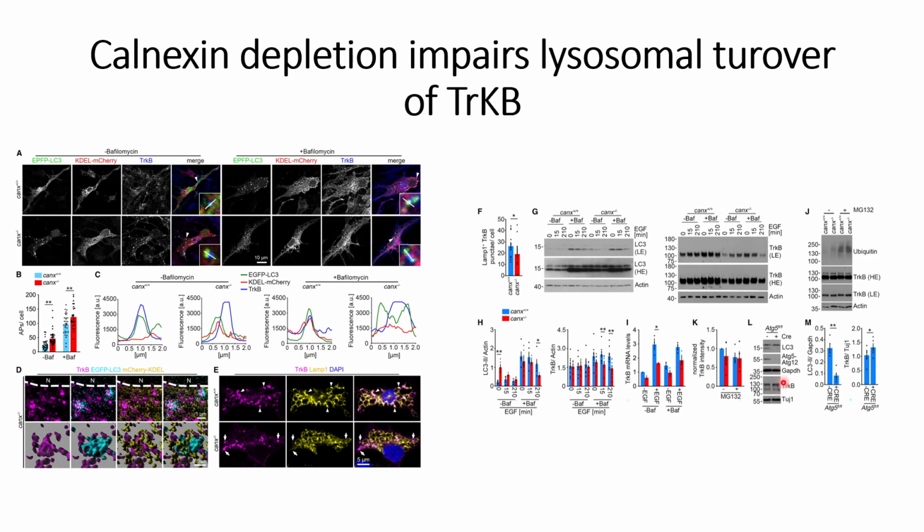However, they can see increased levels of TrKB, and these are quantified in panel M, where they can see that when Cre is used, there is a reduced level of LC3, which is statistically significant, and simultaneously an increased level of TrKB.